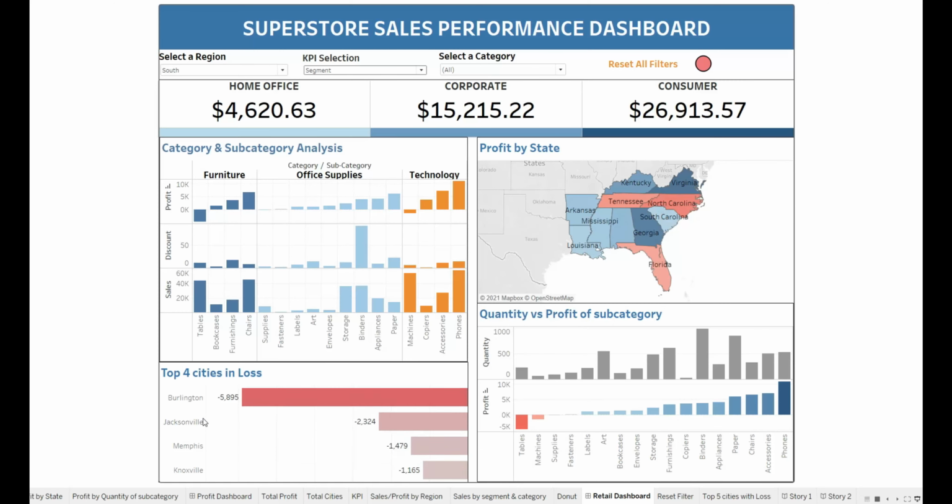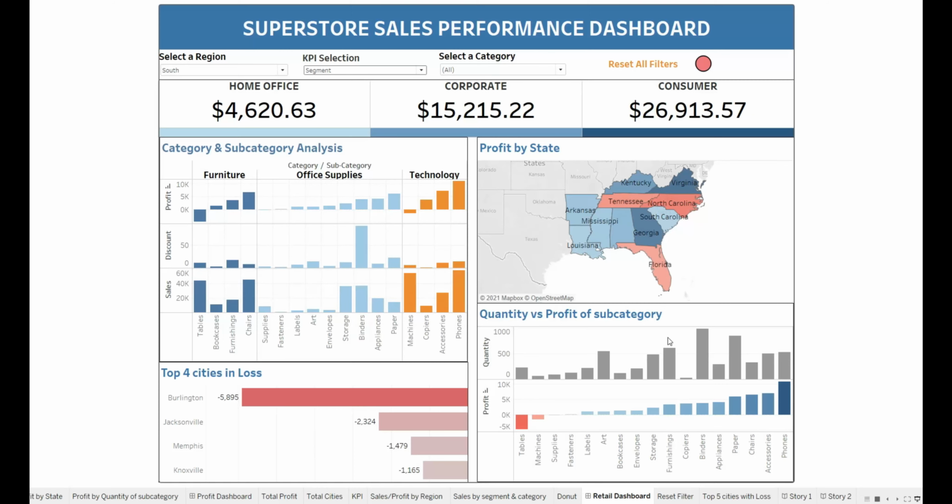Top four cities in loss starts with Burlington, and in quantity versus profit, we can already see tables and machines. The quantity or the supply is also low, so we can see that the demand is also not there that much. So that's why the sales are also not that much in these two subcategories.